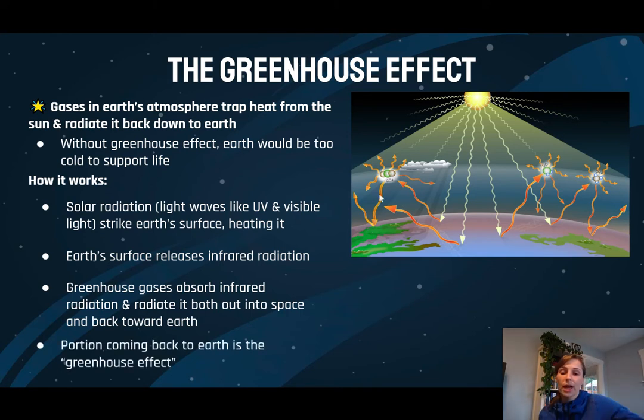Now, the portion that comes back to Earth is what's known as the greenhouse effect. If you have ever been in a greenhouse, think of how it keeps things very warm because it's trapping that heat and keeping it within the greenhouse. You can think of it like that with this greenhouse effect. These molecules are going to be trapping it and sending it back, or at least the portion that is sent back is what we call the greenhouse effect.